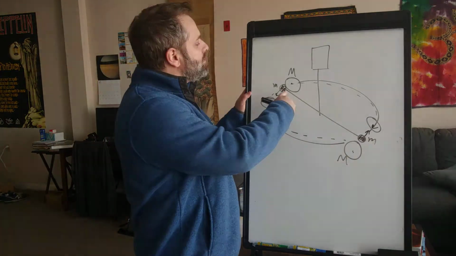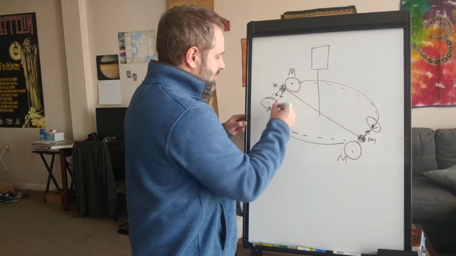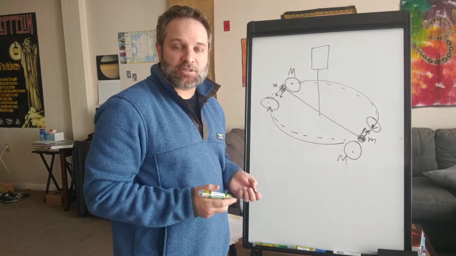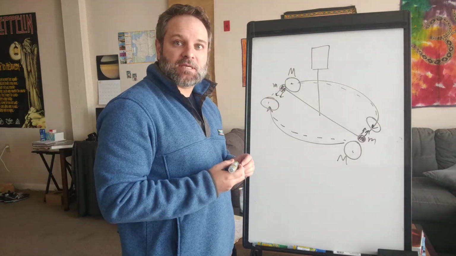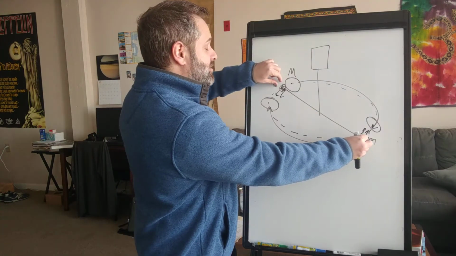And now the gravitational force between these two balls is pointing in the same direction that the torsion pendulum wants this bar to twist in. So now this thing's going to accelerate. It's going to start moving.